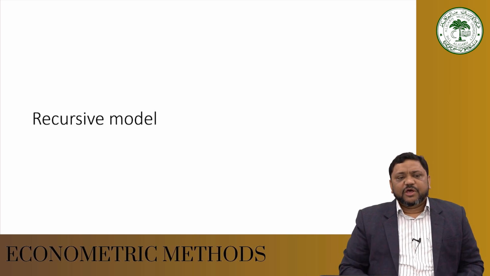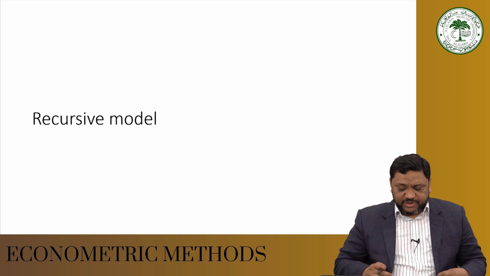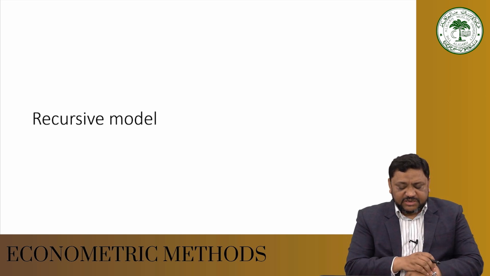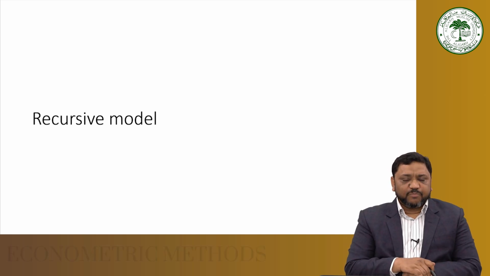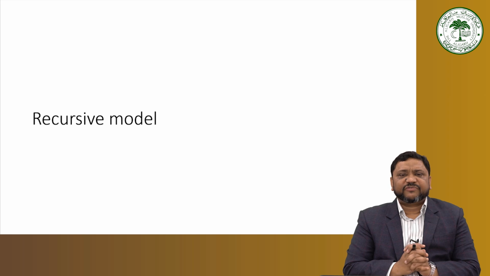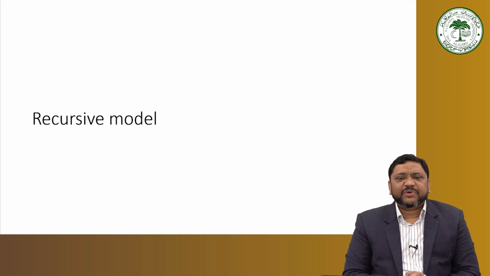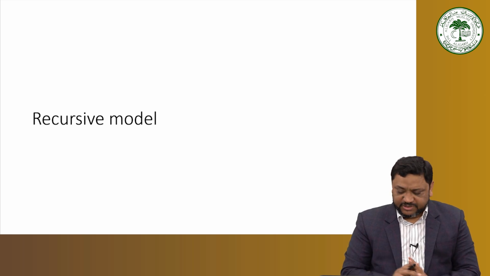Next, we go to another item over here, that is the recursive model. We have the use of recursive models in simultaneous equation models. They are special models which satisfy certain special conditions, and the beauty of it is that if those conditions are satisfied, you can use the ordinary least squares method.